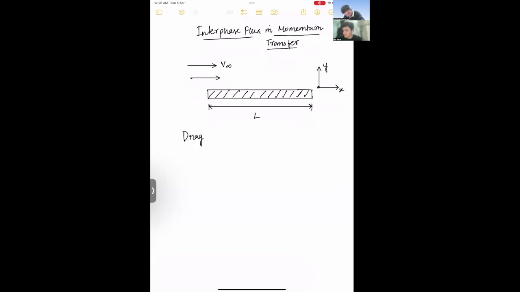Now the generalized equation for drag force: Fd equals integral of tau w dx dz, where x varies from 0 to W, the width, and z varies from 0 to L, our length.